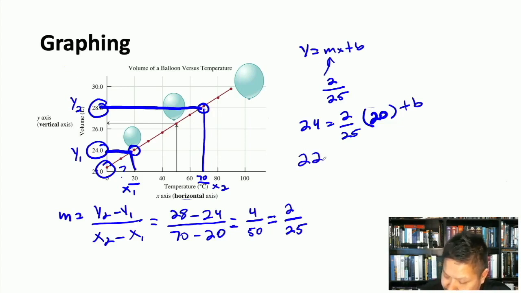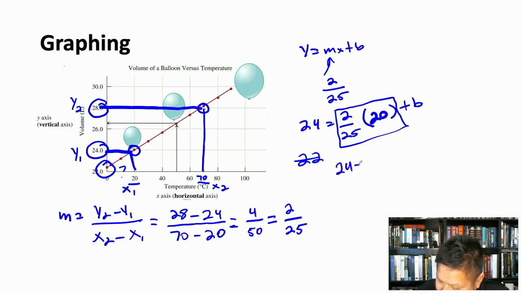Oops. Let's try that again. We subtract this entire part right here from both sides. So then what happens is we have 24 minus 2/25, there we go, 2/25ths.